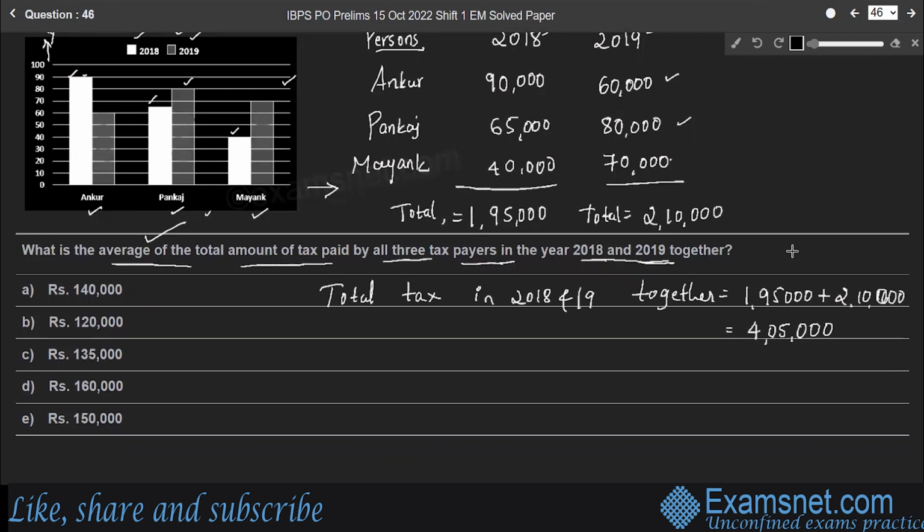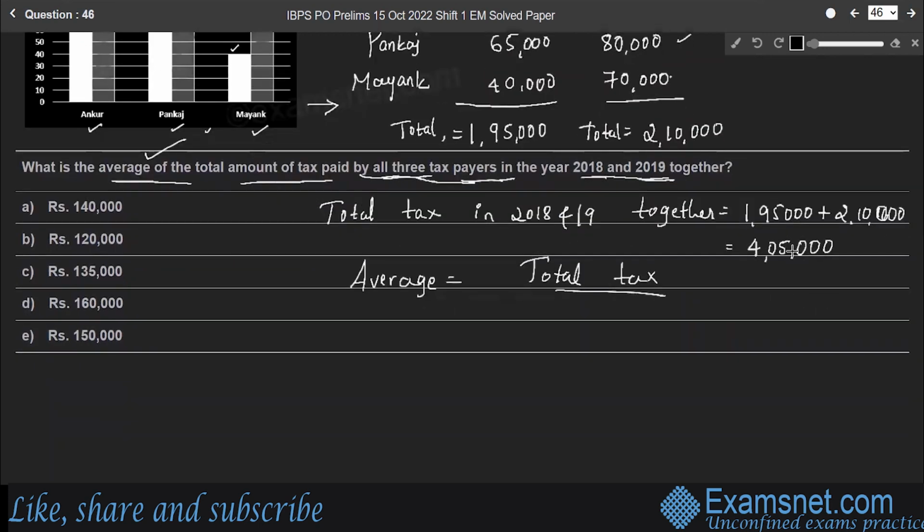Right? So we need the average of the total tax. So average is equal to the total tax divided by the number of taxpayers, that is, all three taxpayers. Therefore, it is equal to 4,05,000 divided by 3.